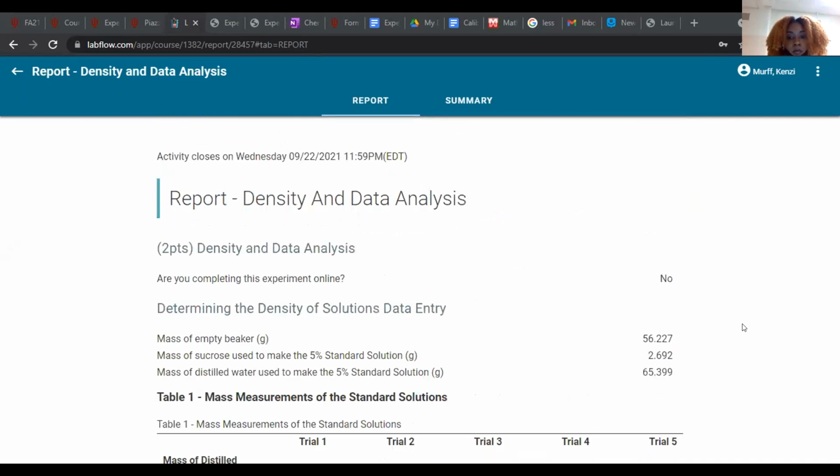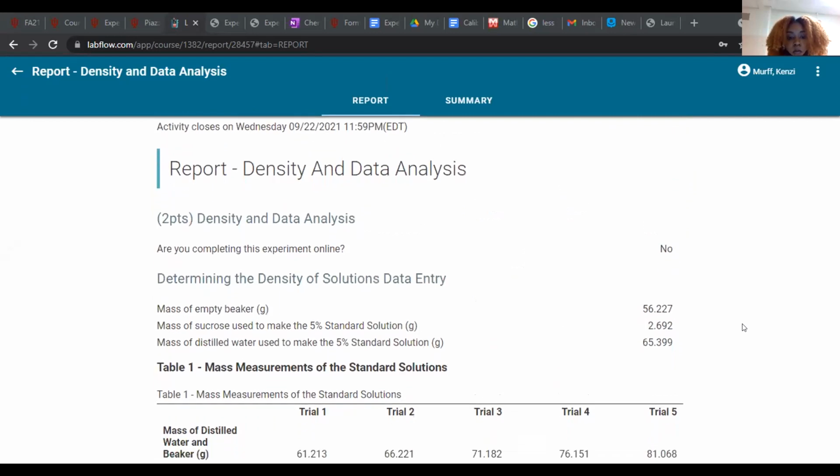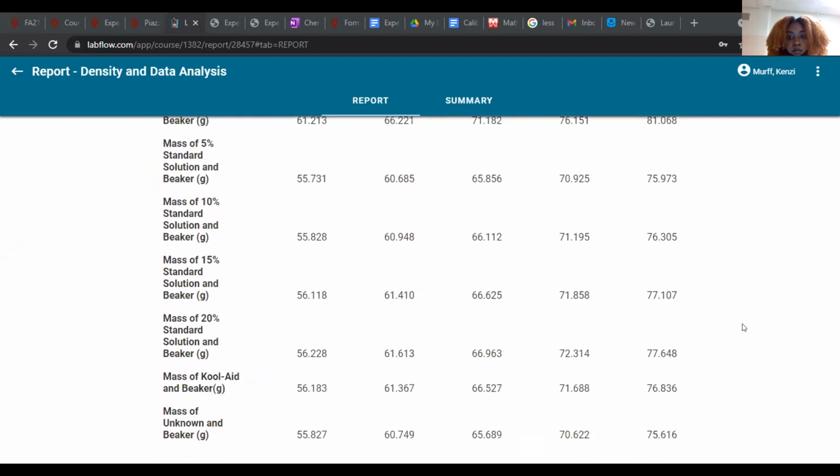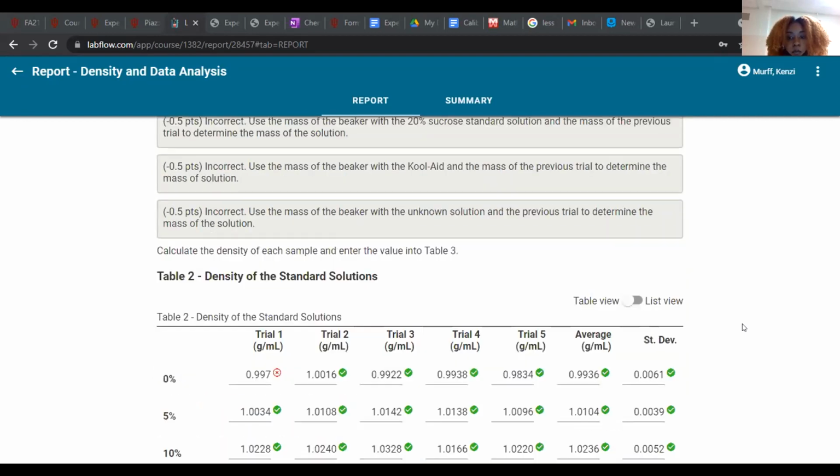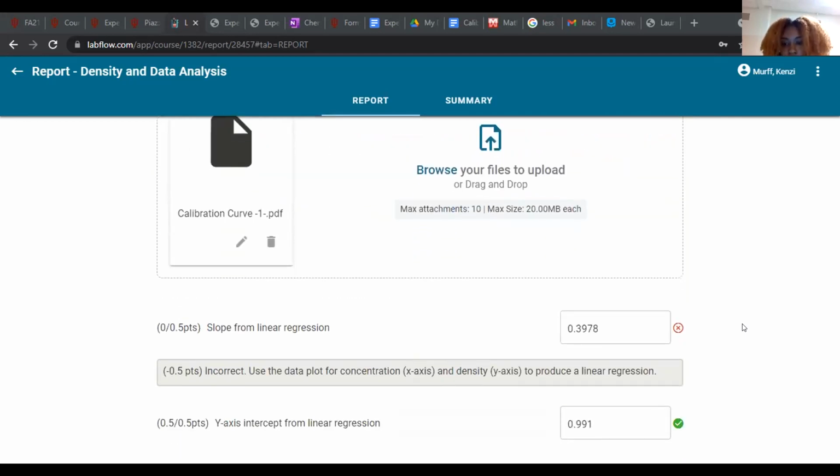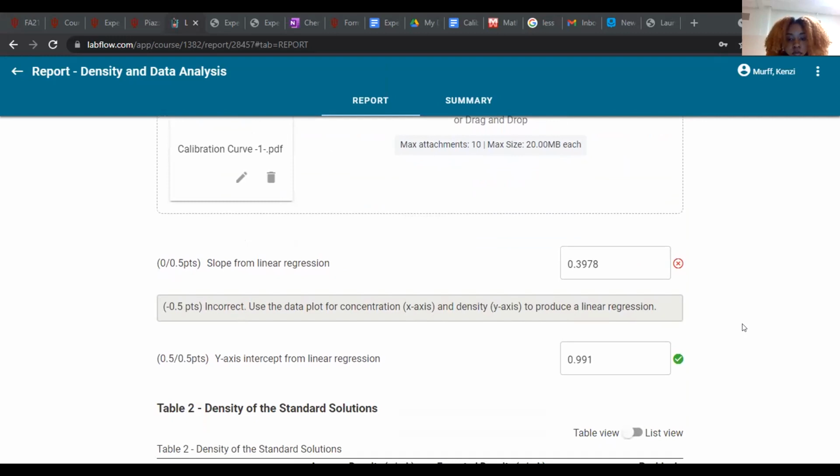Okay, go to your slope. Your first slope. Okay, can I see your calibration curve?